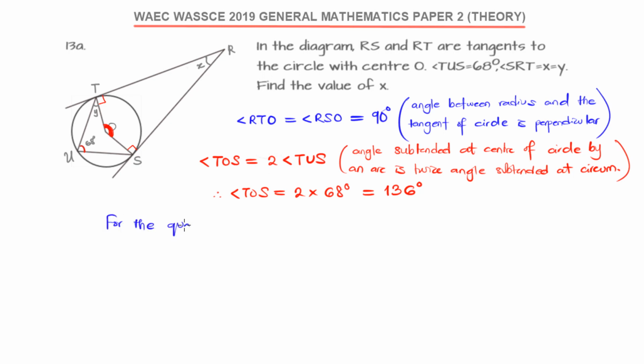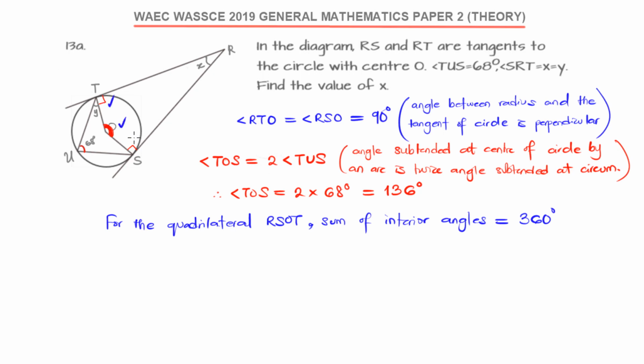Since we have these parameters already, we can see that for the quadrilateral RSOT, O being the center of the circle, the sum of the interior angles will add up to 360 degrees, just like a rectangle with 4 sides. This is a quadrilateral, a polygon also with 4 sides.